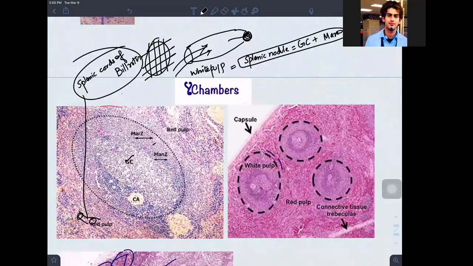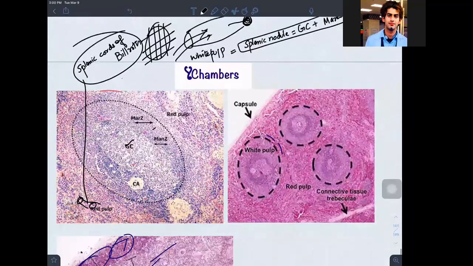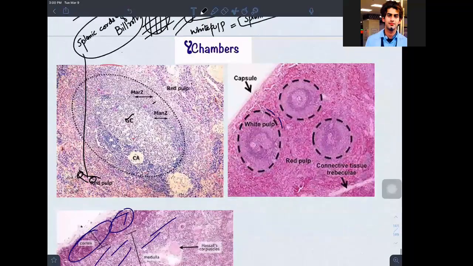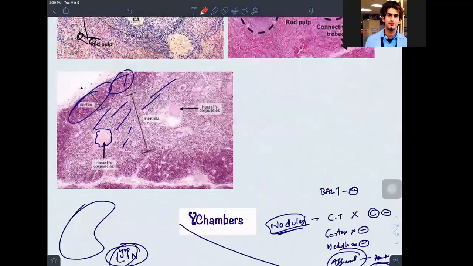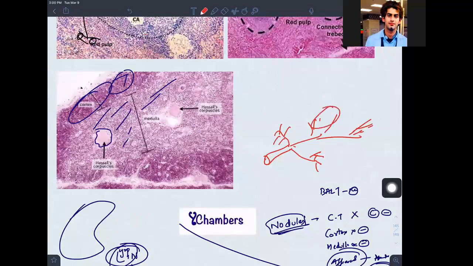And you have some central artery. Where can I show you? Okay, let us make it separately here. You know, there are central arteries coming, and that central artery is giving branches to the red pulp, and also to the nodules, isn't it?